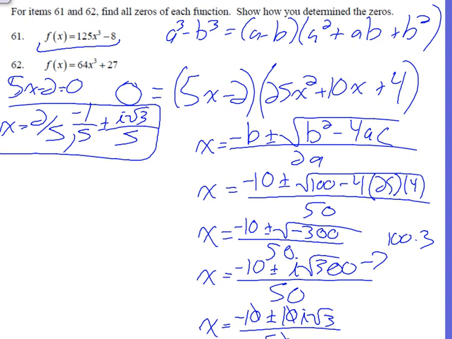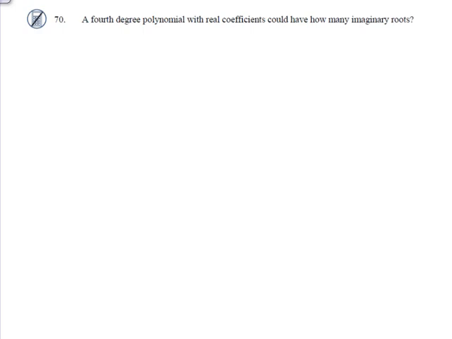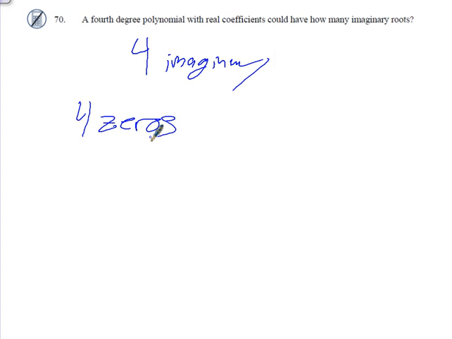Alright, moving on to 70. A fourth degree polynomial with real coefficients could have how many imaginary roots? So potentially, a fourth degree polynomial with real coefficients could have 4 imaginary roots. Because we know it has 4 zeros, right?